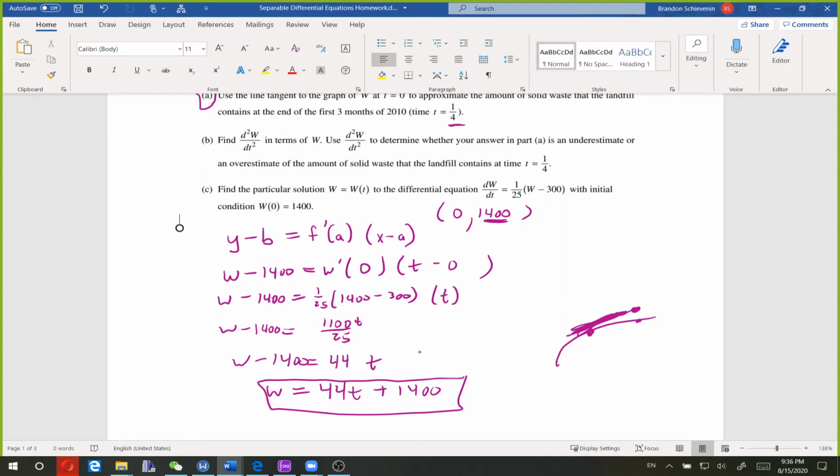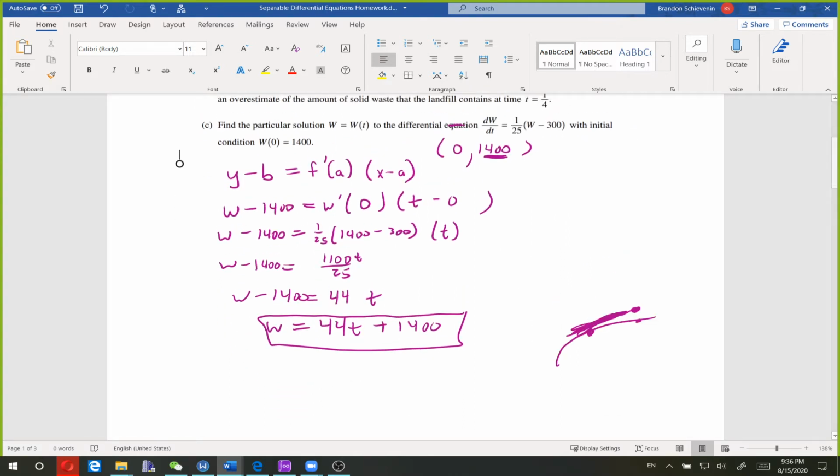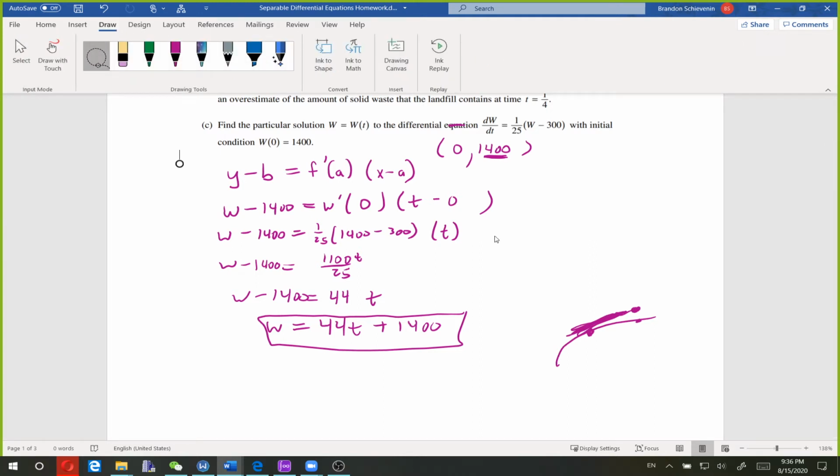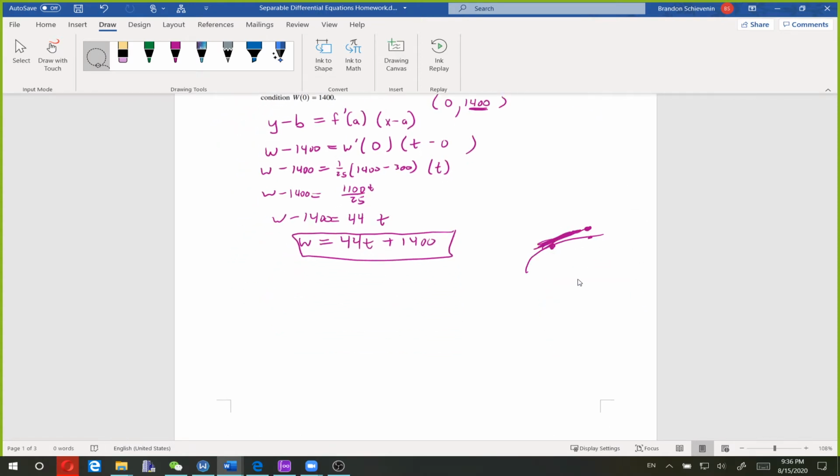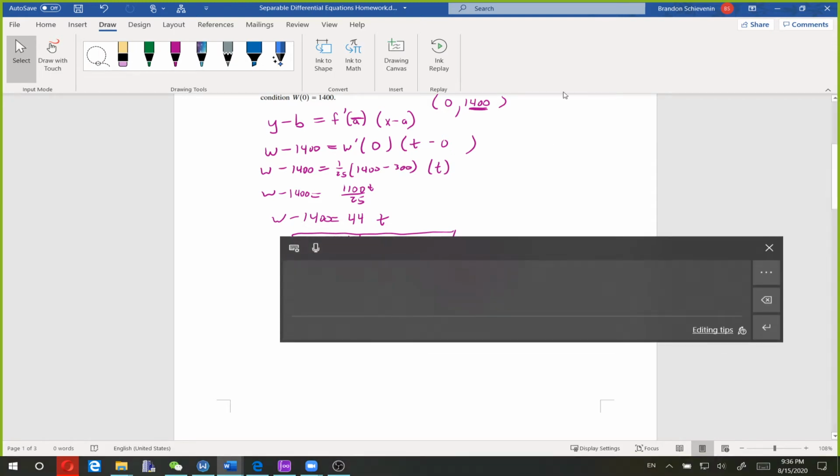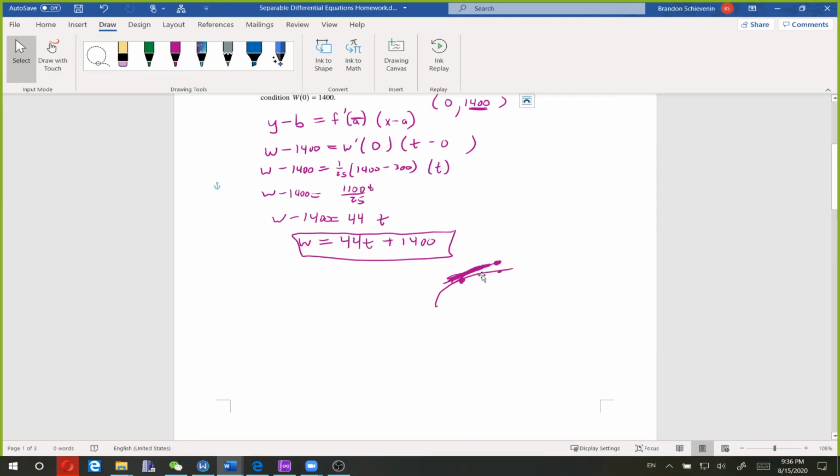Okay, so I'm going to use this equation to make our estimate. Okay, not sure what happened there. There we go. Okay, I'm going to use this equation to make our estimate.